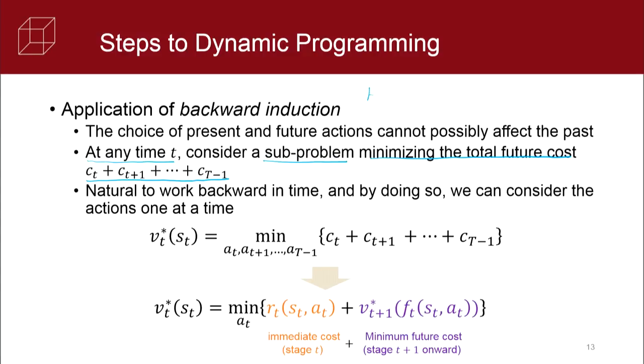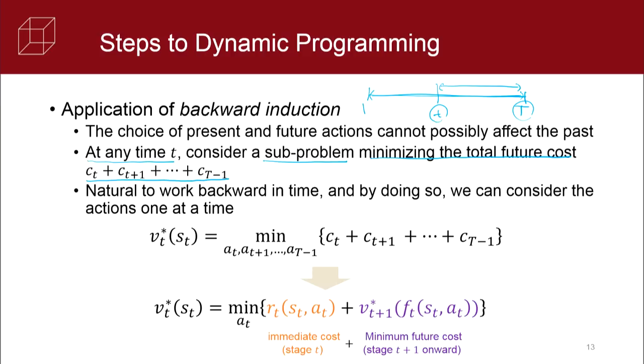So given this time horizon 1 through T, the original problem is to find the sequence of actions to minimize the total cost over this whole time horizon. The subproblem considers the total cost from small t up to the end.